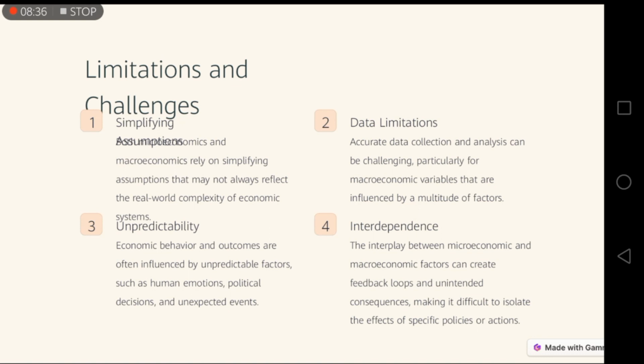Limitations and challenges. There are four limitations and challenges for micro and macroeconomics both. First one is simplifying assumptions, second is data limitation, third is unpredictability, fourth is interdependence. One is simplifying assumptions.